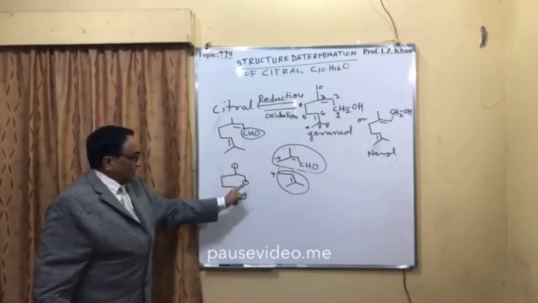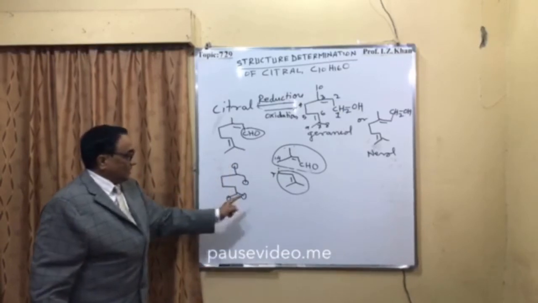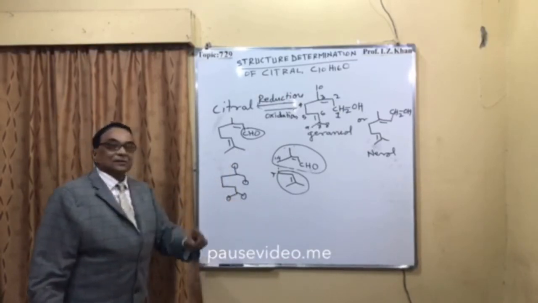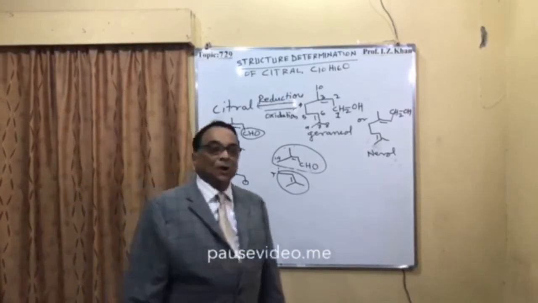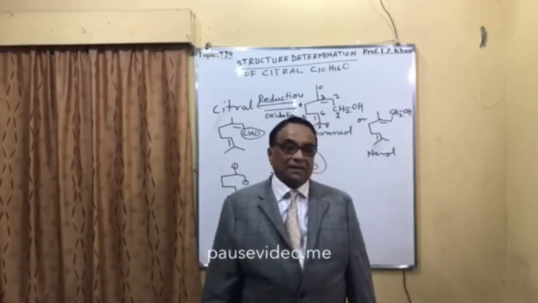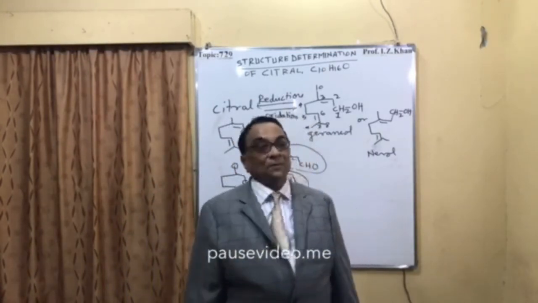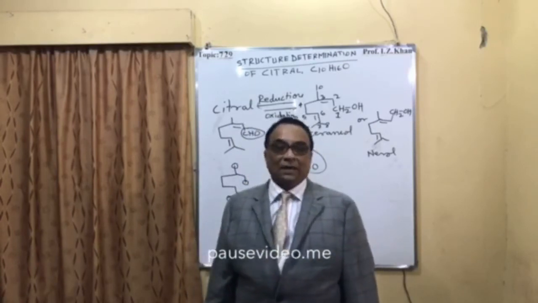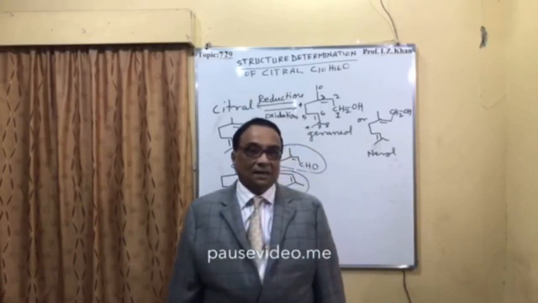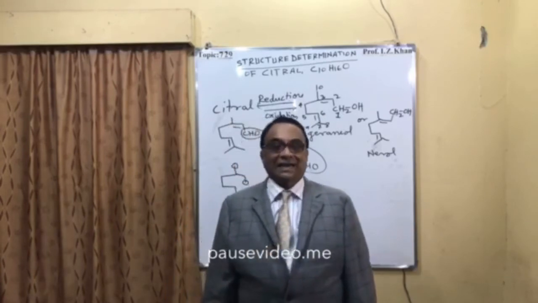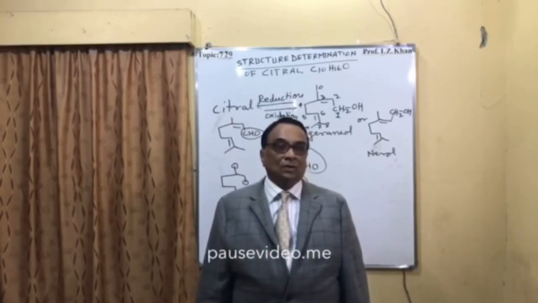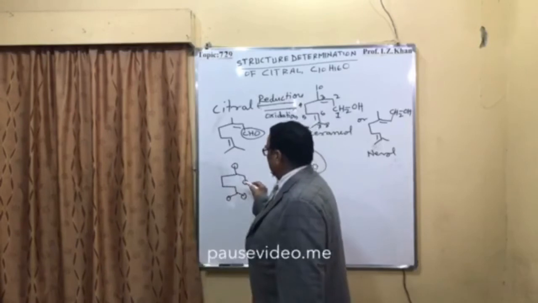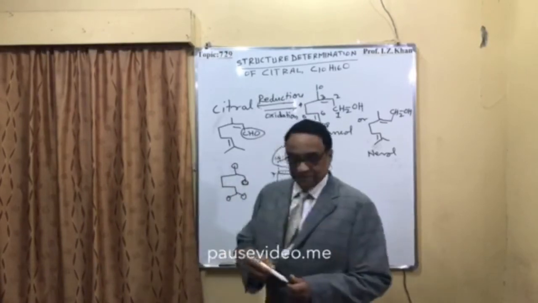This CHO can be here, can be here, can be here, and it can be attached here. This will be proved on the basis of the reaction and what type of stable compound we are getting. That will show that this aldehyde group is linked to this particular carbon.